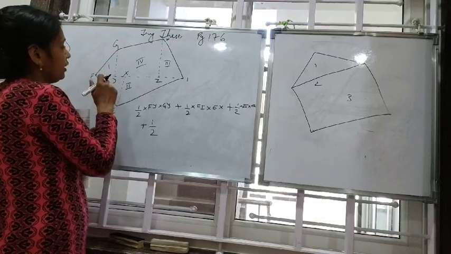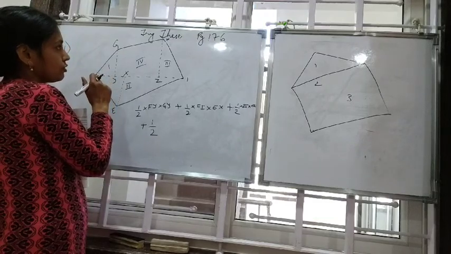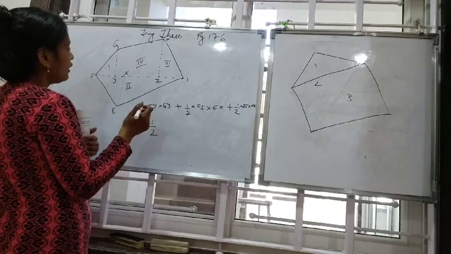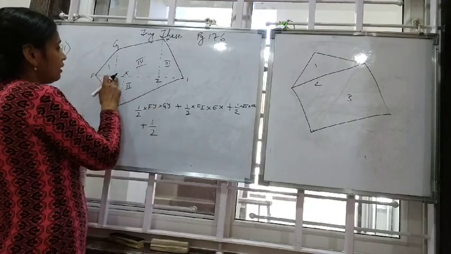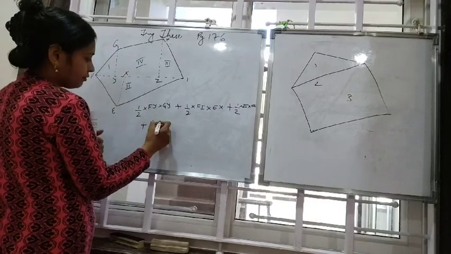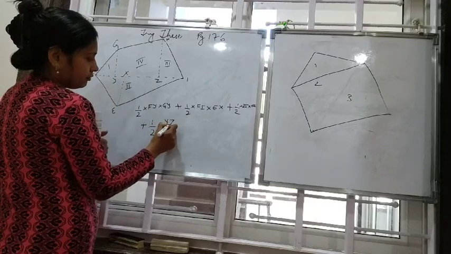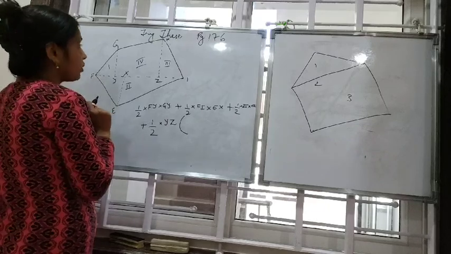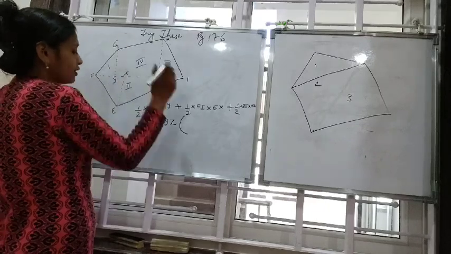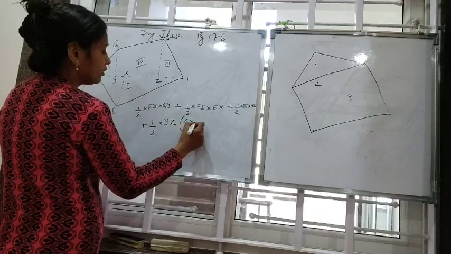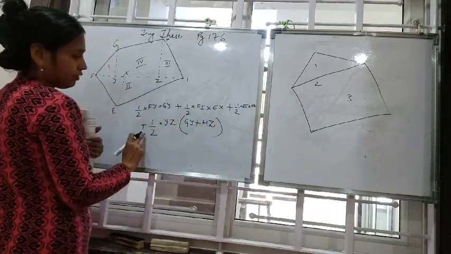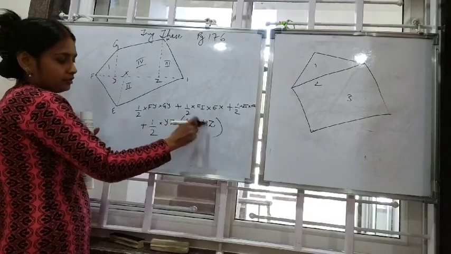Half into h, you can take any. If you take YZ, the sum of parallel sides, what is the sum of parallel sides? That is GY plus HZ. If you want to take this 2 here, you can do that also.